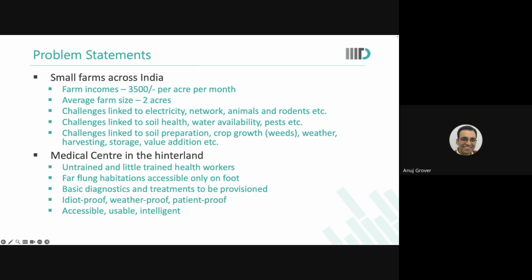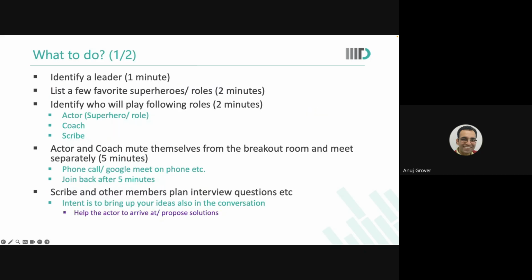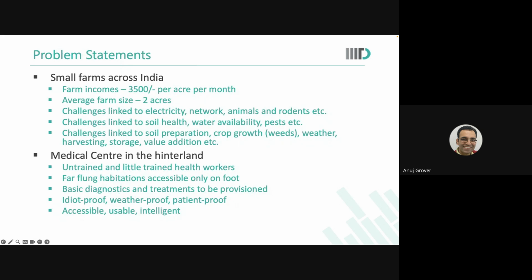So leaders, you have to keep the time and ensure that the first set of characters and their coaches move out.